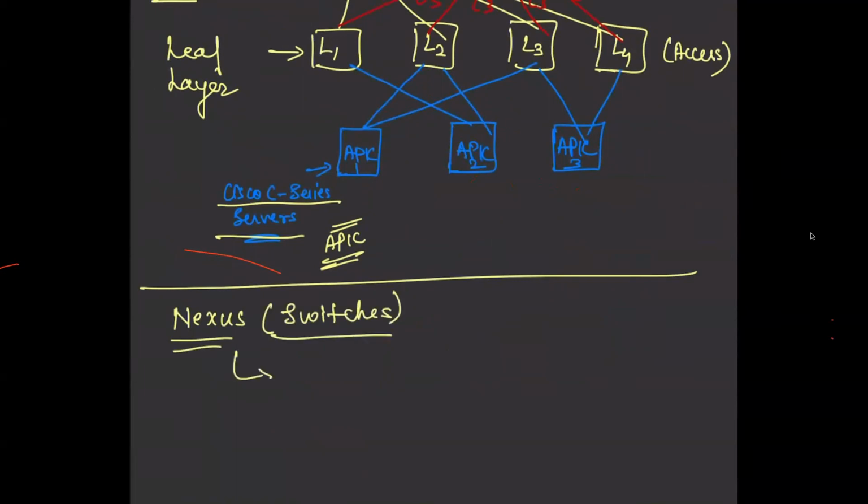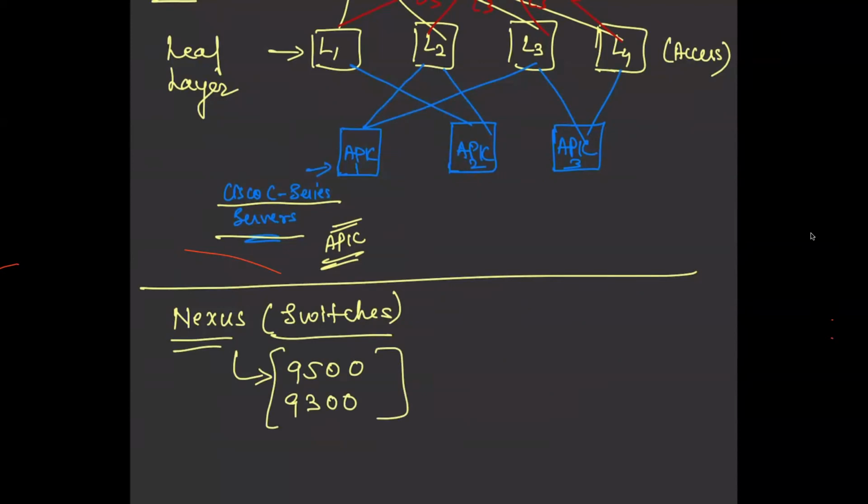In Nexus switches you have a lot of series. Out of those, there are two series, 9500 and 9300, which support your ACI environment.